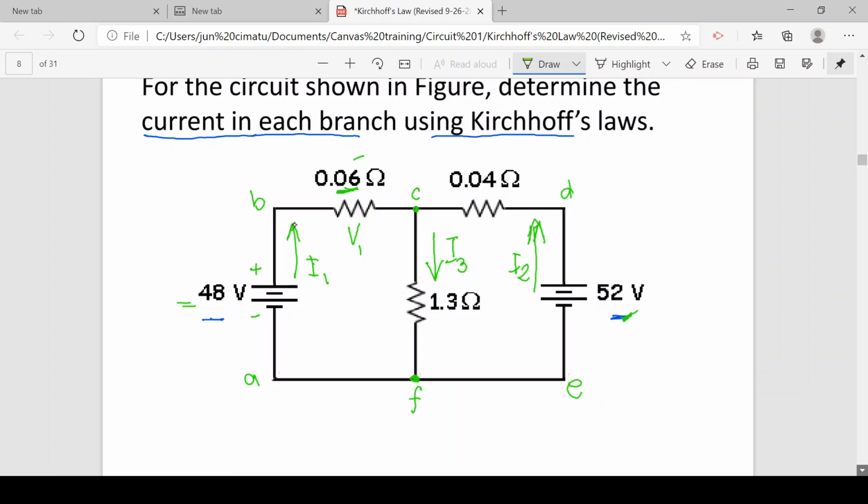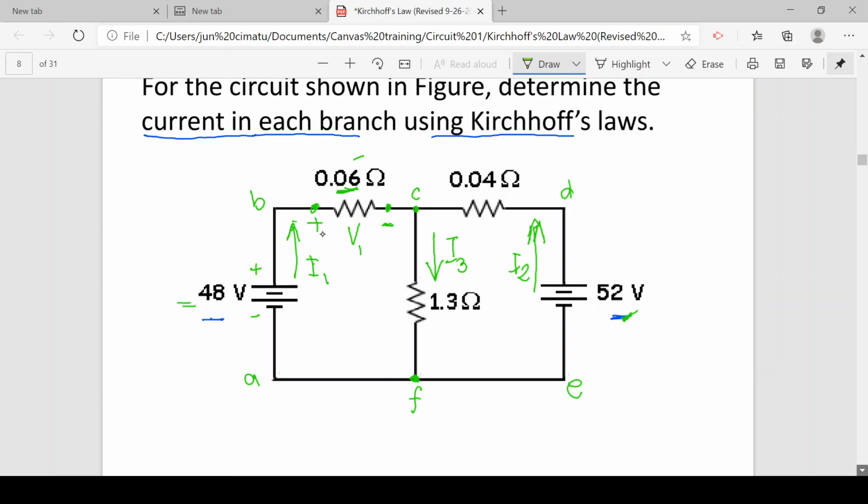Since the current I sub 1 is entering this terminal of the 0.06 ohm resistor, the terminal of B sub 1, we can say that this terminal is positive, and it leaves at this terminal, and so this is negative.